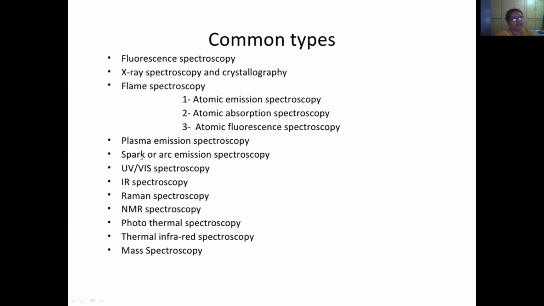Then we have plasma emission, spark or arc emission spectroscopy, UV or visible spectroscopy, IR spectroscopy, Raman, NMR, photothermal, thermal infrared spectroscopy, and mass spectroscopy. All these spectroscopies give us the chemical and physical properties of molecules. That is why we go for spectroscopy.